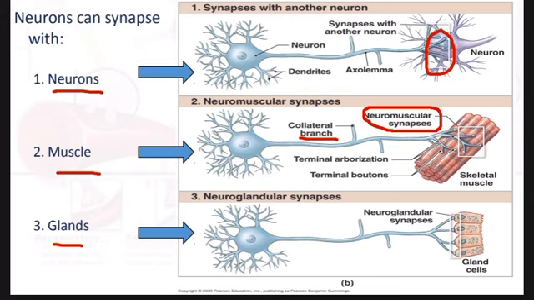We have terminal, and this is the skeletal muscle here. آخر شيء اللي هي neurogland or neuroglandular synapse. It's also a synapse, and you can see how it looks different مع gland cells. واضح؟ So we have different synapses.